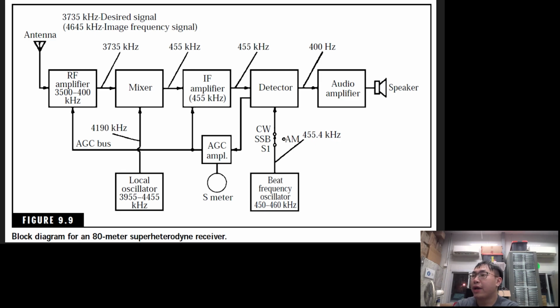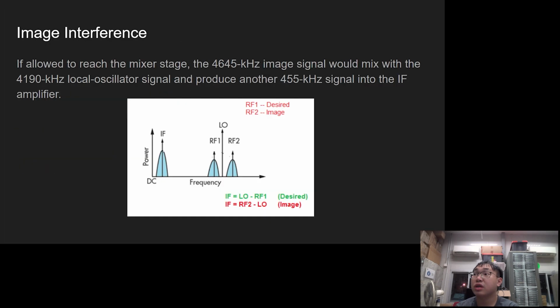It's because when you do the subtraction, 4190 minus 3735, you have the intermediate frequency of 455. But for an undesired signal, 4645 kHz minus 4190, you will also generate the intermediate frequency 455. This is called image interference. 4645 is called the image signal. Okay?